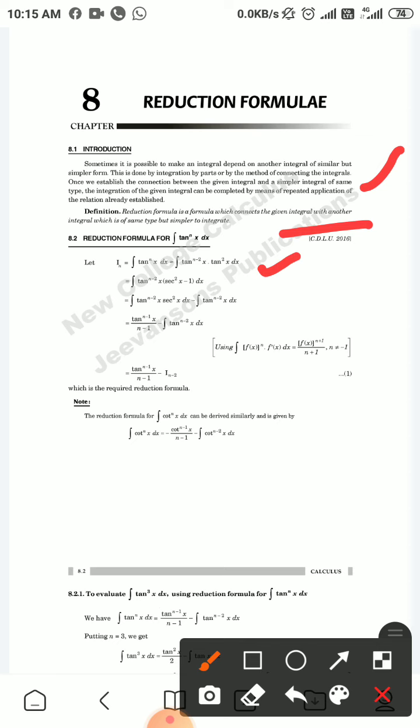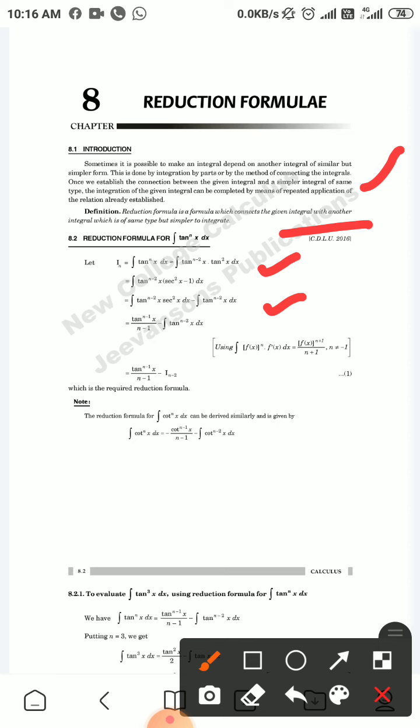Now we are able to write tangent square x as secant square x minus 1 into dx, and now making multiplication, integration tangent raised to power n minus 2 x into secant square x dx minus integration of tangent raised to power n minus 2 x dx.